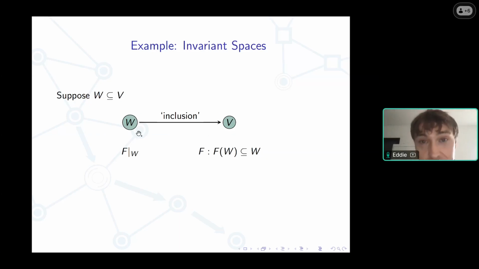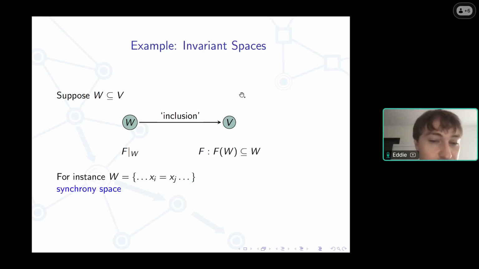So in other words, invariant spaces are just a special case of quiver symmetry. And of course, of most importance to us here will be these polydiagonal invariant spaces where x_i equals x_j, these so-called synchrony spaces. But it doesn't have to be, right? Just any invariant space, the presence of an invariant space is a case of quiver symmetry.